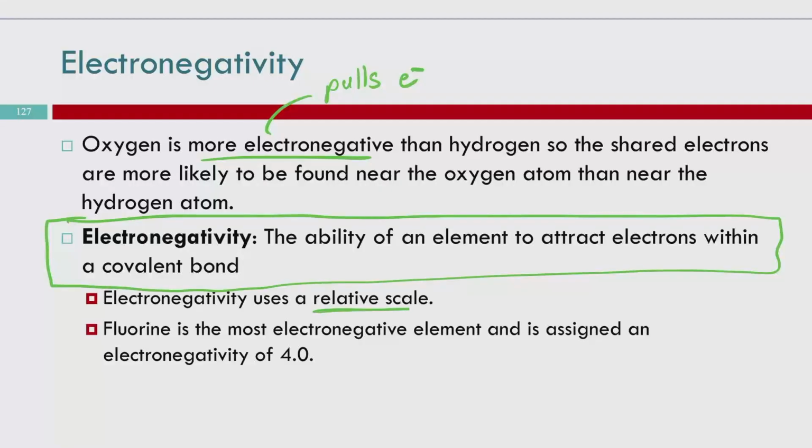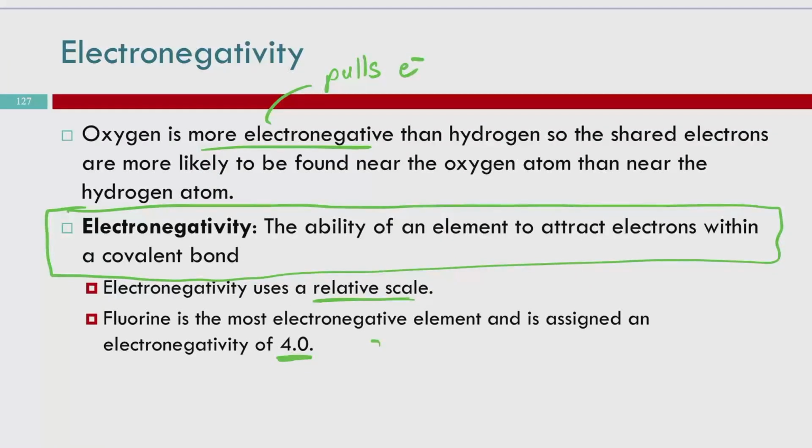It uses a relative scale, we arbitrarily set 4 as the highest value. And fluorine is the only element with a value of 4. I will often be abbreviating electronegativity as EN because I don't like writing all those letters.